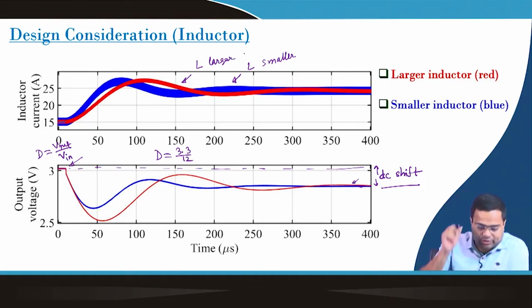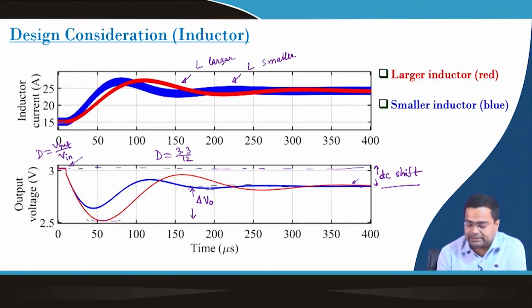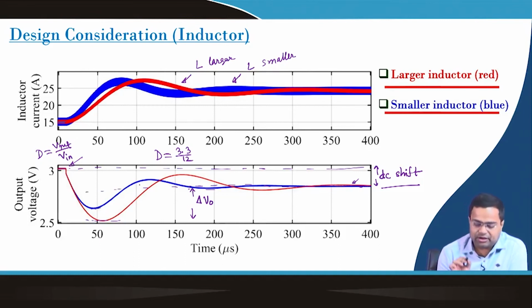But what is more important is this undershoot: if you compute from this value to this value, delta V0, this delta V0 is much larger for the larger inductor, and it is smaller for the smaller inductor.